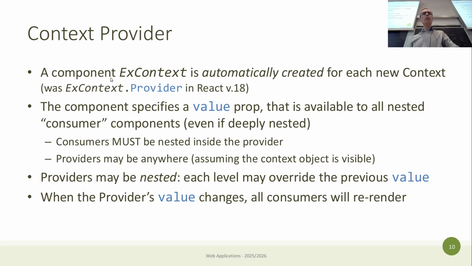Setting the value in the provider. The component specifies a value prop that is available to all nested consumer components, even if they are deeply nested until the leaves below the tree. If you do it in app, of course, it's available to all components below app. That means all the components in your application.